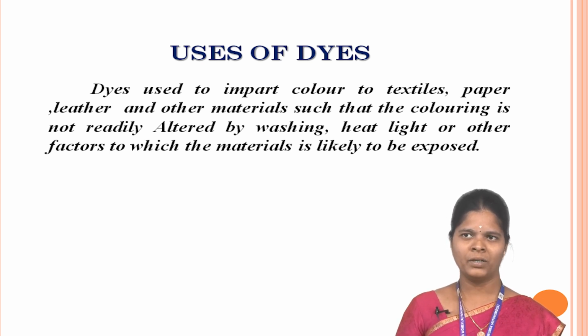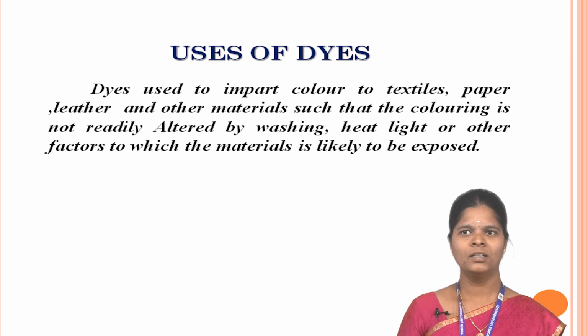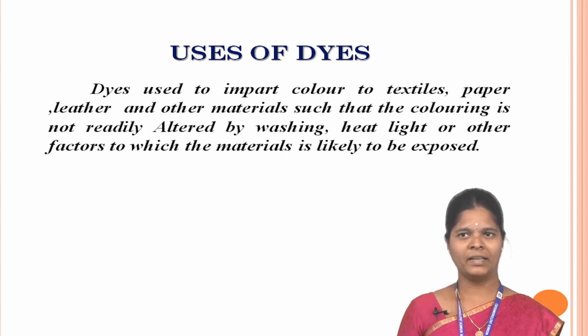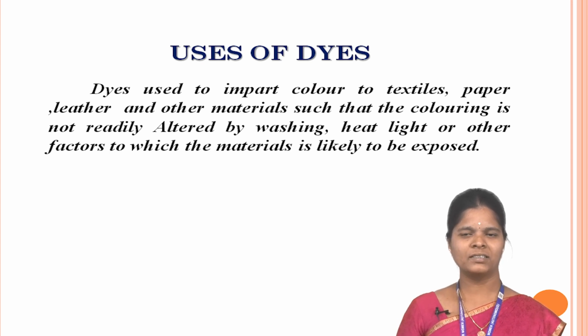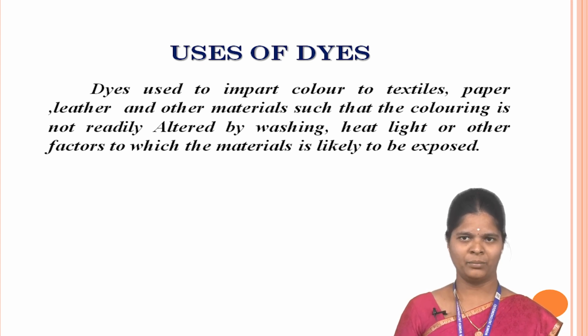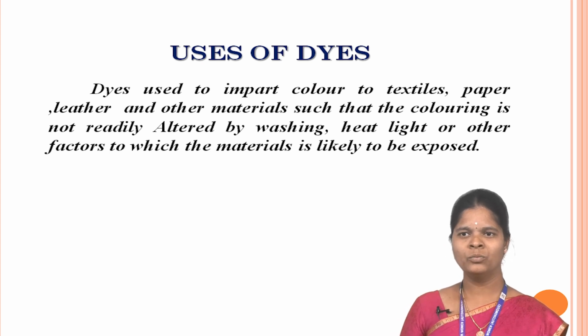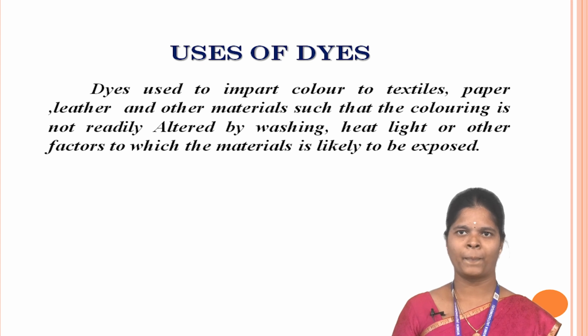In the previous topic we discussed dyes, but now we discuss the dyeing process. A dyeing process is the interaction between dye and fibers, as well as the movement of dye into the internal part of the fibers.